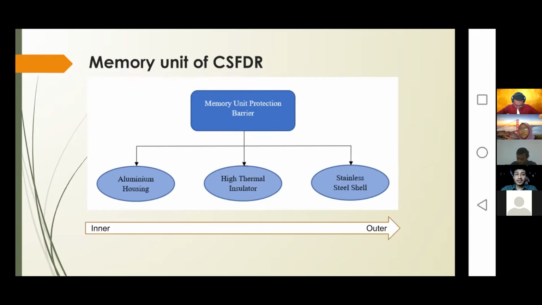The second barrier is the high thermal insulator, which is 2.54 centimeter thick silica material. It is the thermal protection barrier of this memory unit. And the outer part of the memory unit protection barrier is the stainless steel shell. The stainless steel shell is about 0.64 centimeter thick.